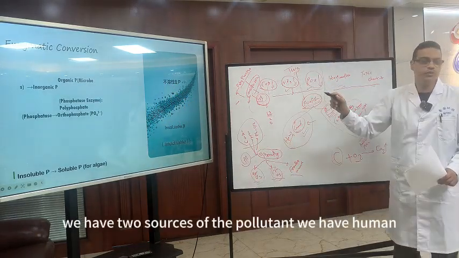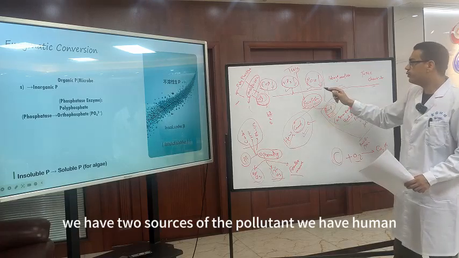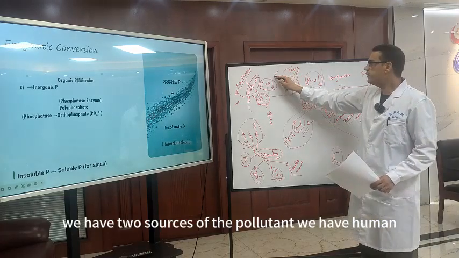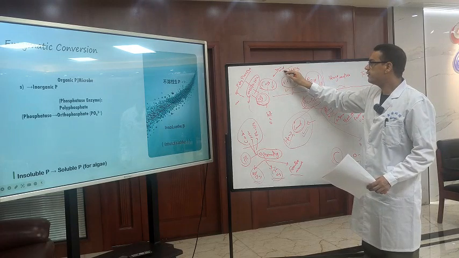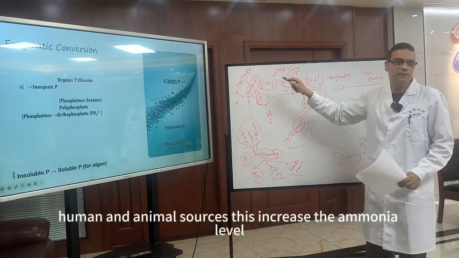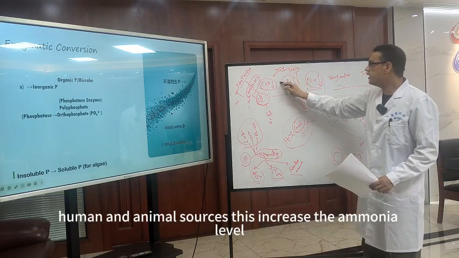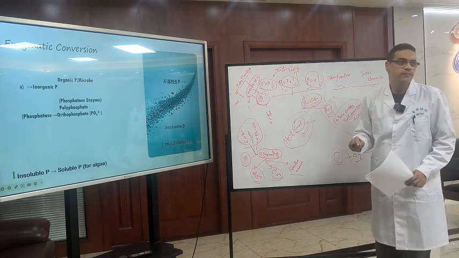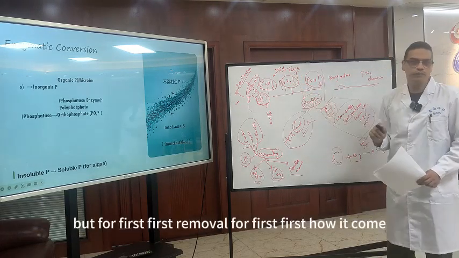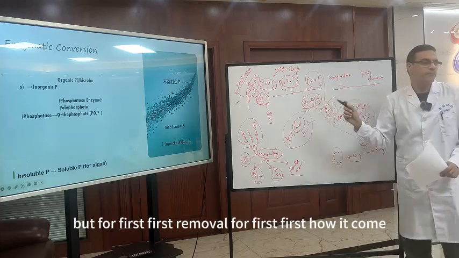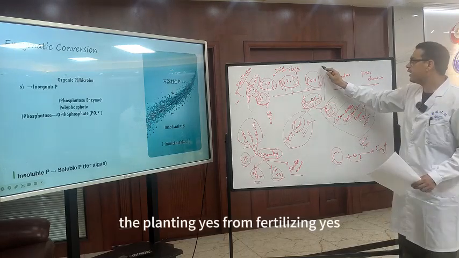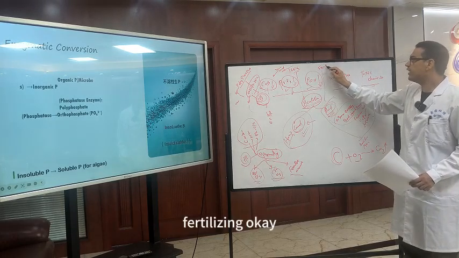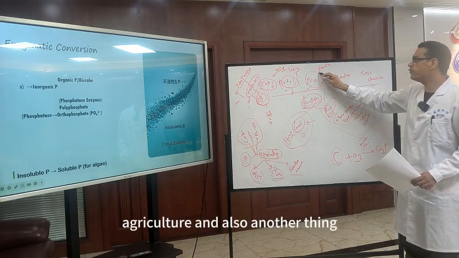We have two sources of pollutant: human and animal sources, which increase the ammonia level. But for phosphorus, how does it come? From planting, from fertilizing, agriculture, and also other sources.